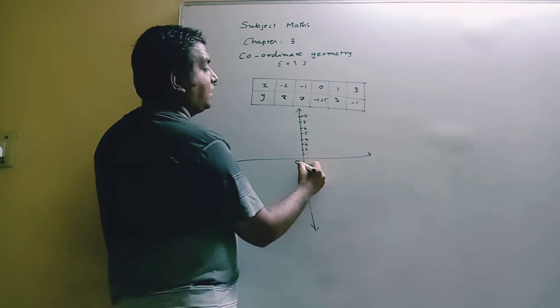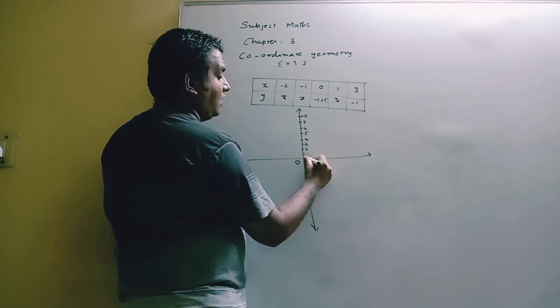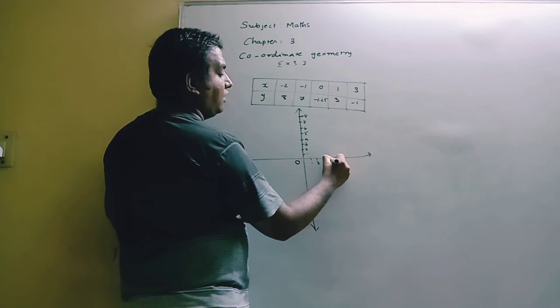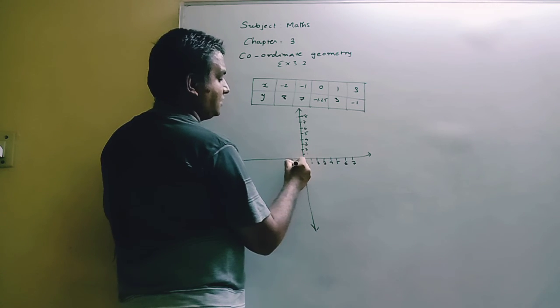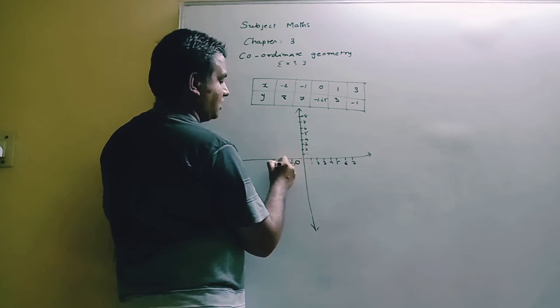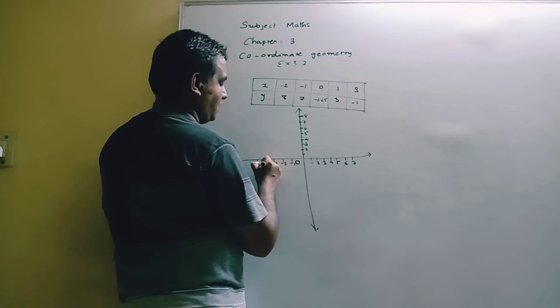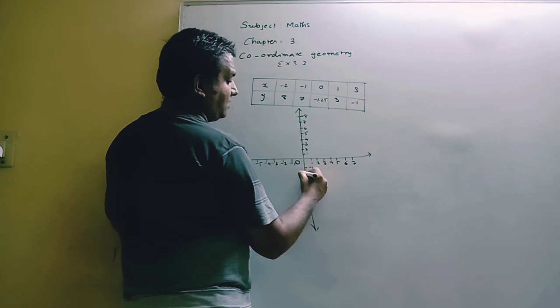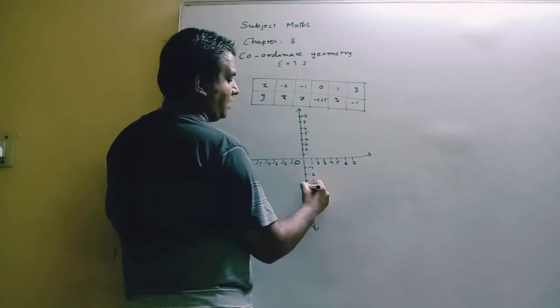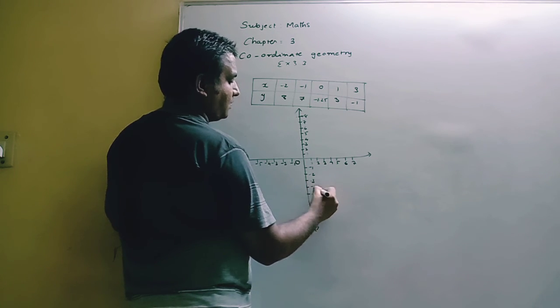At 1 centimeter distance we write here 1, 2, 3, 4, 5, 6, 7. Here -1, -2, -3, -4, -5, -6. Here -1, -2, -3, -4, -5.